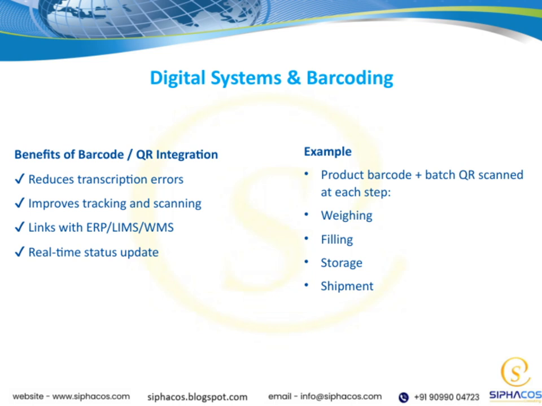Third, these systems can link directly with enterprise resource planning, laboratory information management systems, or warehouse management systems, ensuring data is synchronized across platforms. And lastly, it provides real-time status updates. You always have the latest information on your products, location, and condition. All these benefits help optimize the entire process, making it more accurate, efficient, and transparent.